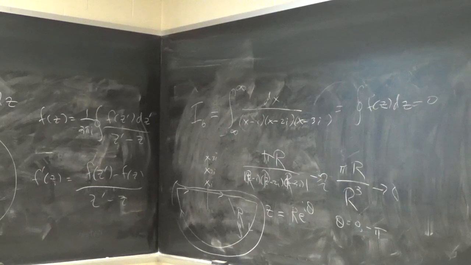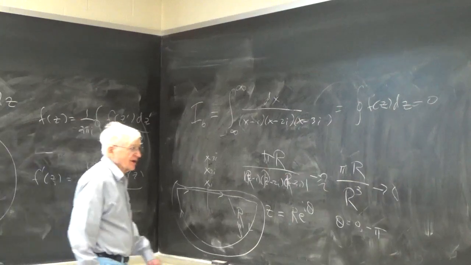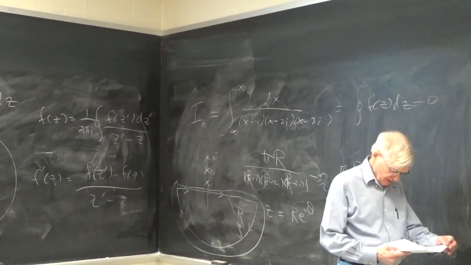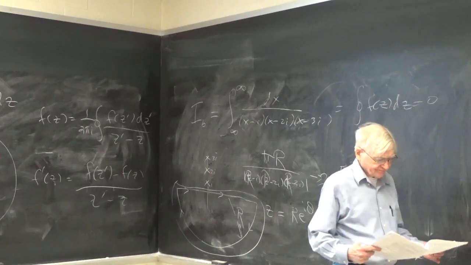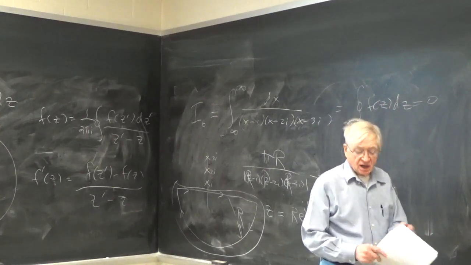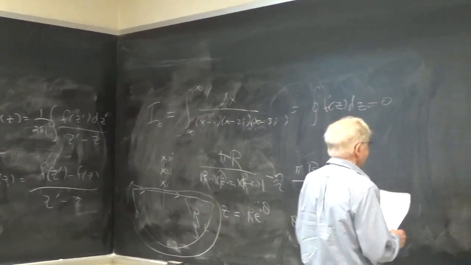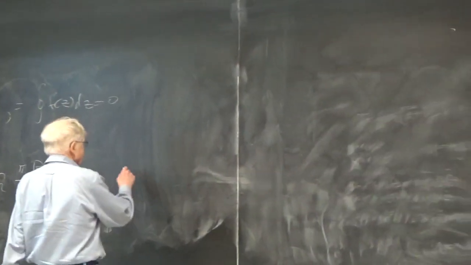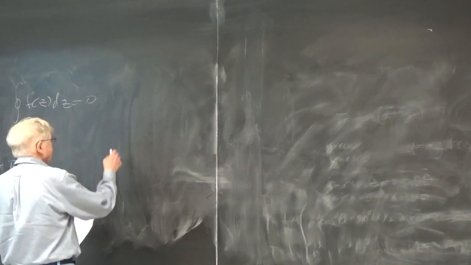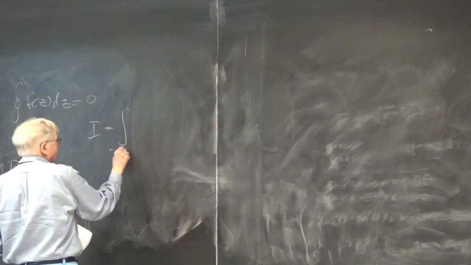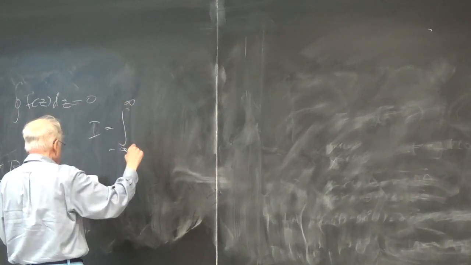Another example is the Fourier transform of a Gaussian. And this is something that I promised that we could do a long time ago. And the idea basically is that the integral that we've got is an integral from minus infinity to plus infinity.